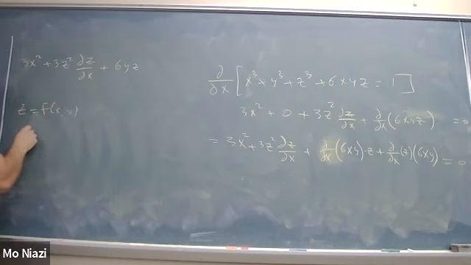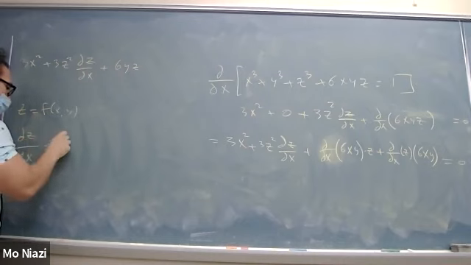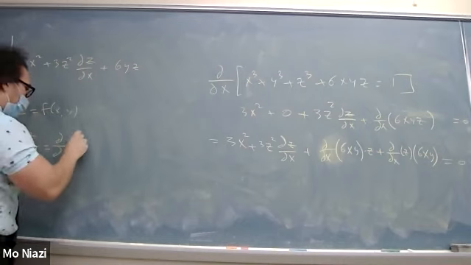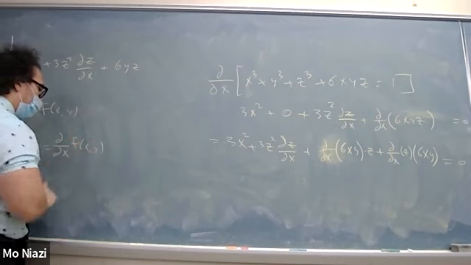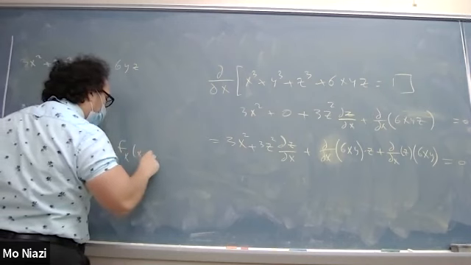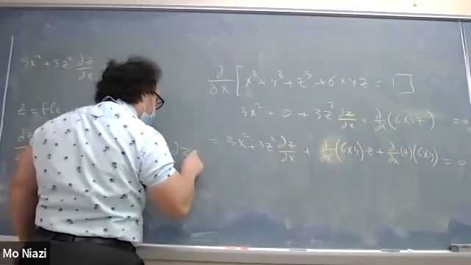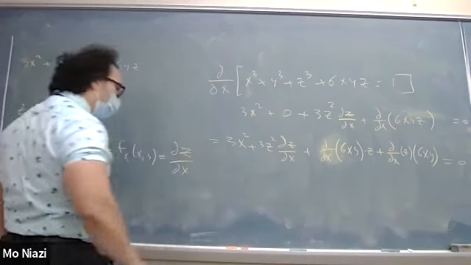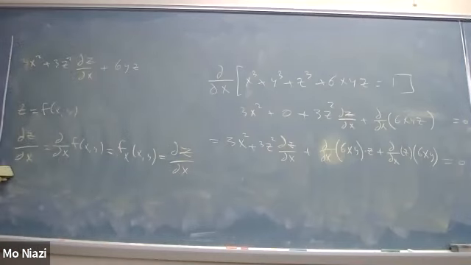So partial z partial x is equal to partial x of xy, which is equal to this. We may denote it as this. I just rewrote some of my work back here.